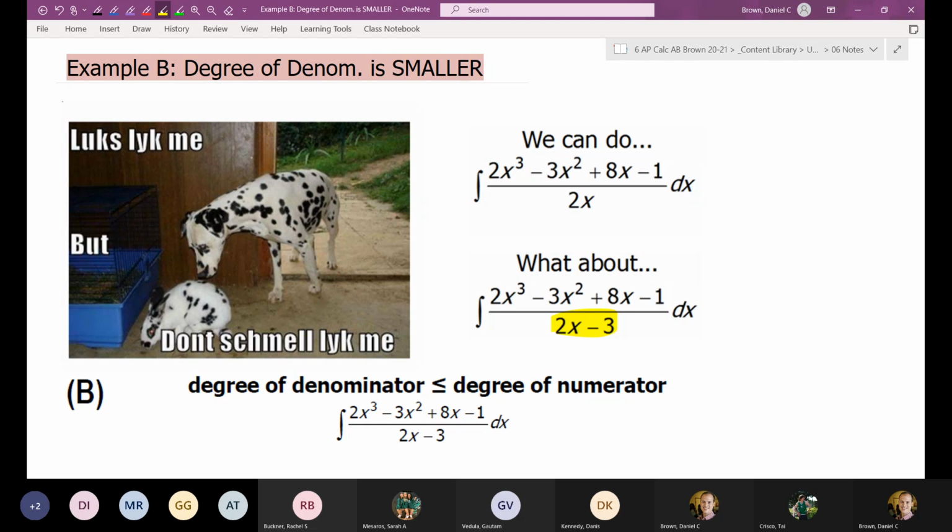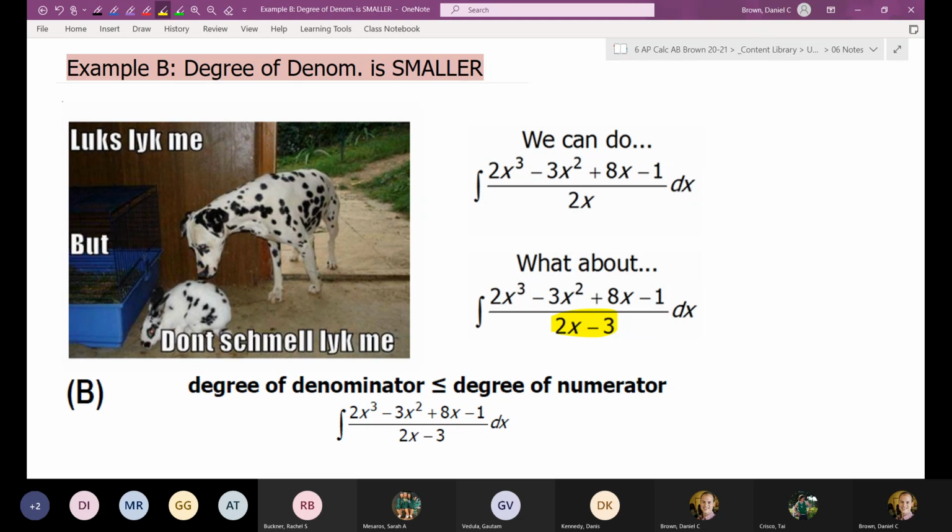But I would argue there's something else we can do to help us integrate it, and it kind of explains what's going on. When I see this quotient of polynomials, it looks gross. But just think of this as a fraction. Fractions are our friends, like 1/3, 4/5. I know this doesn't look like a simple fraction, but to me it is a top-heavy fraction.